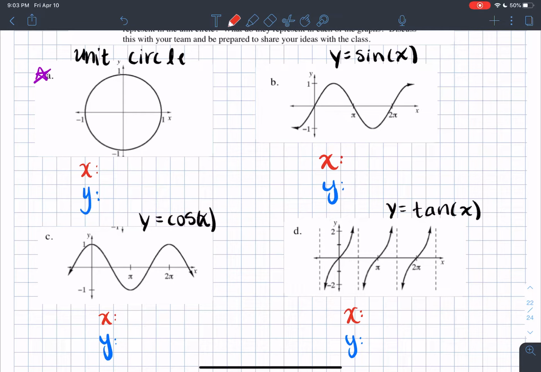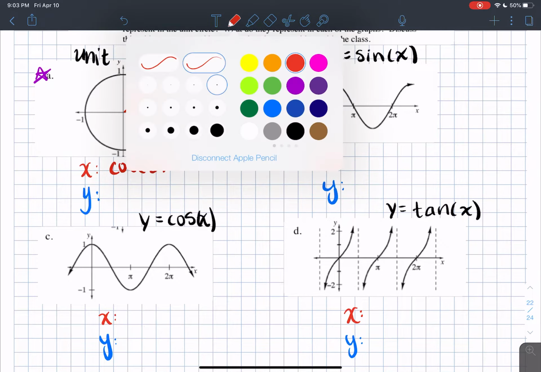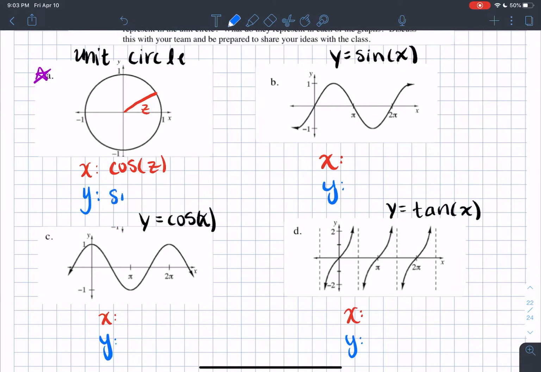Now that you've worked on this problem, let's talk about what the unit circle is. So for the unit circle, x is represented by cosine of the angle. So let's call this angle z. So cosine of z, and y is represented by sine of z.